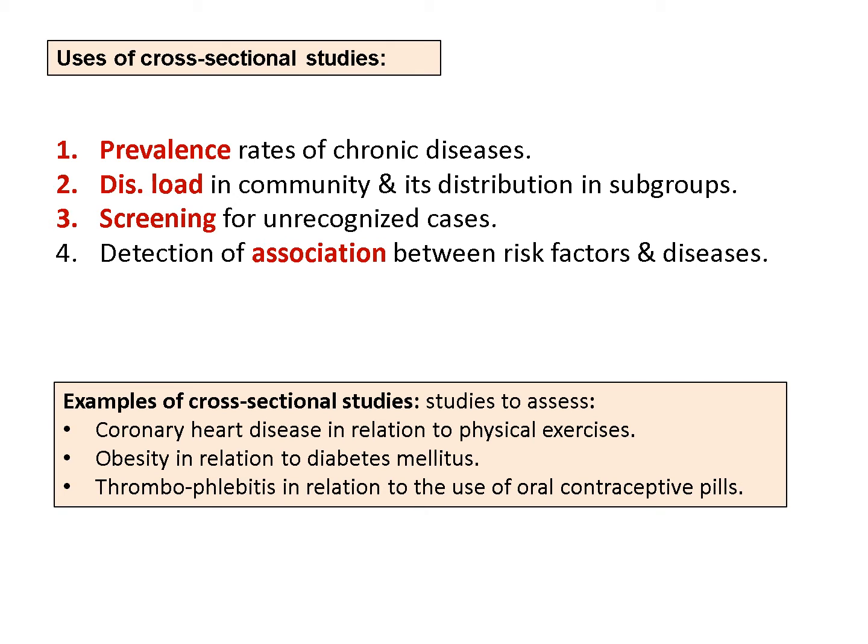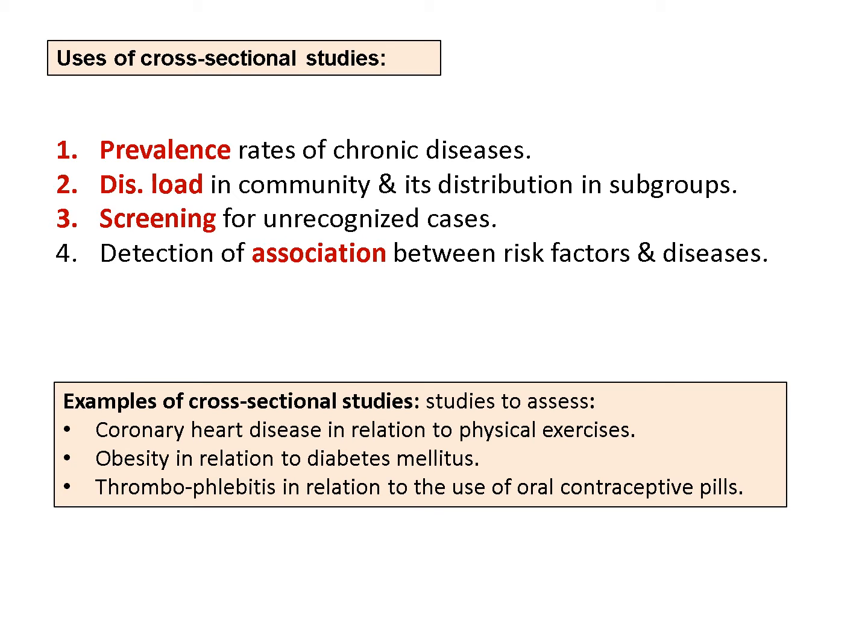So in this case, we go to certain people, for example, as I said to you, students of fourth year medical school, and distribute a questionnaire to them, and ask them about their physical exercise, and also ask them about coronary heart disease or diagnose if they have coronary heart disease.